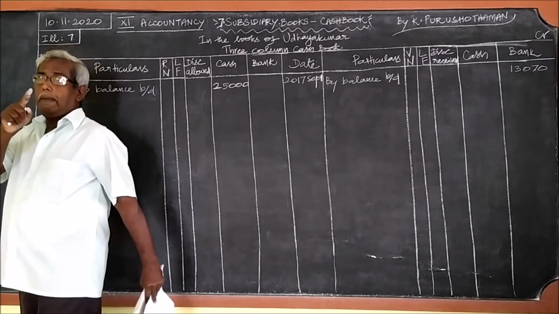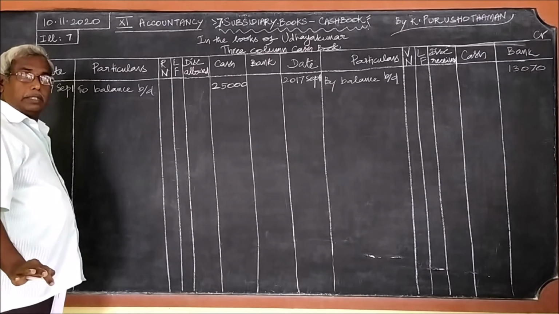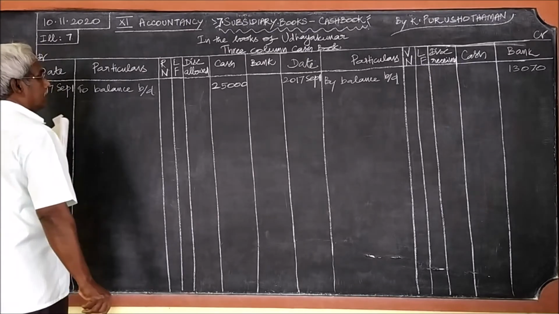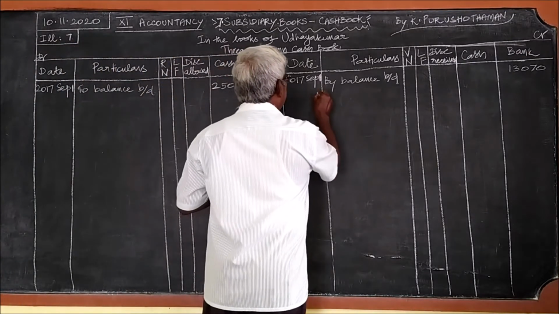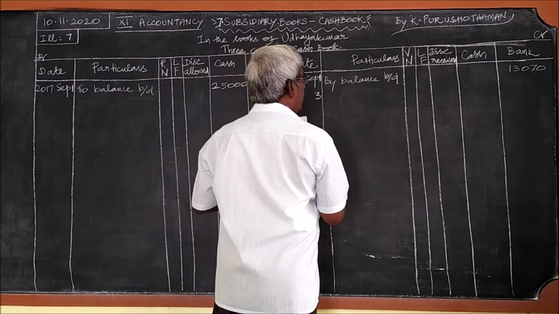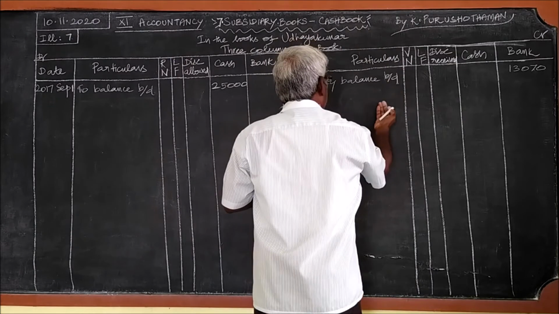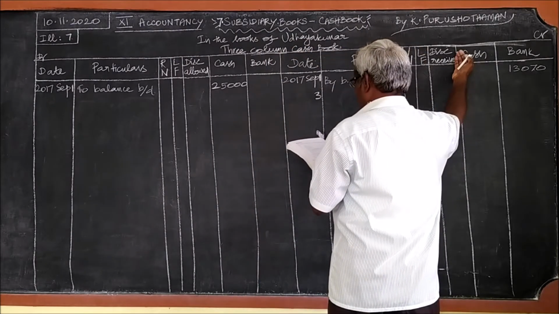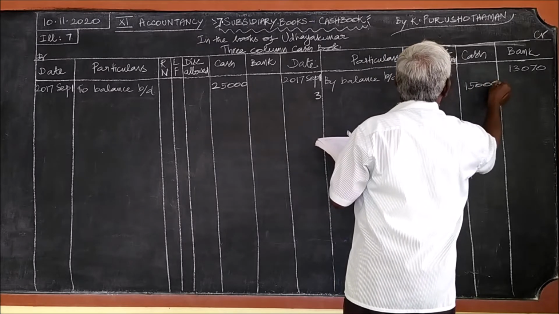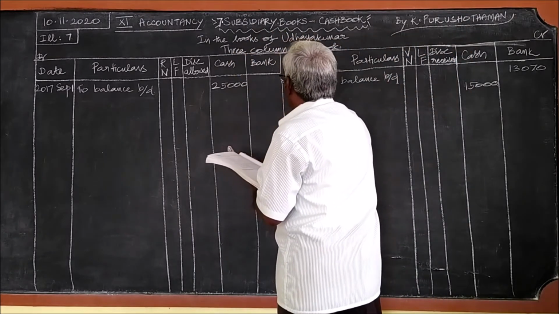Then on 3rd, paid into bank. Once again, as a matter of revision, when amount is paid into bank, cash goes out. 15,000 cash goes out. What all goes out, what all is paid, goes on this side; what all is received, what all comes in, goes on this side.